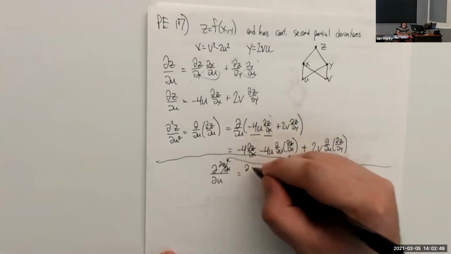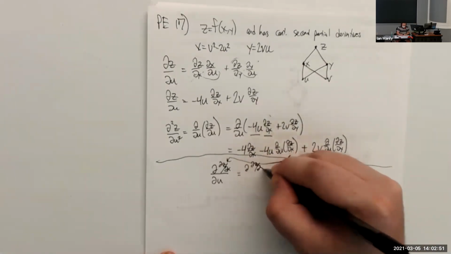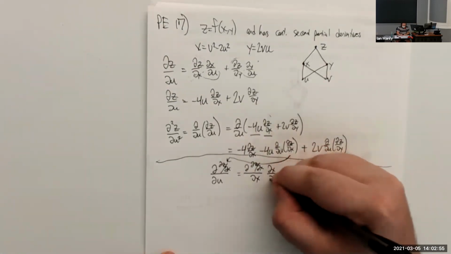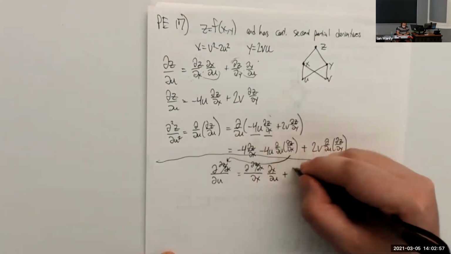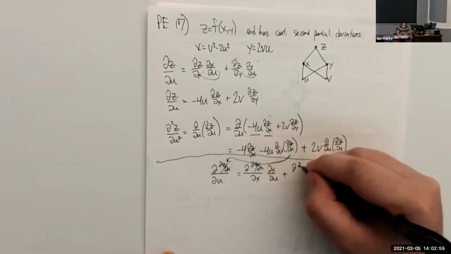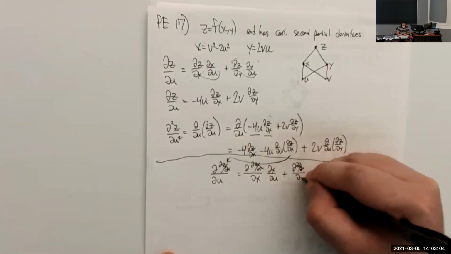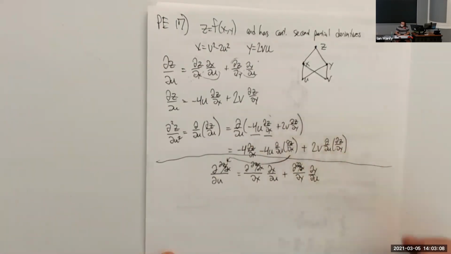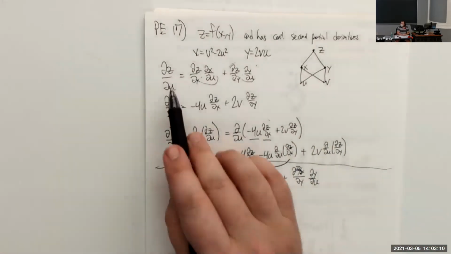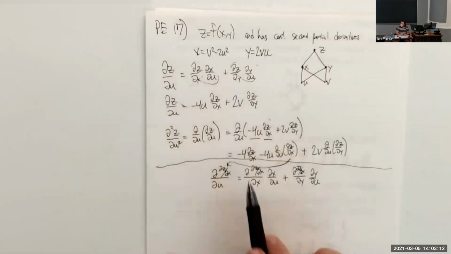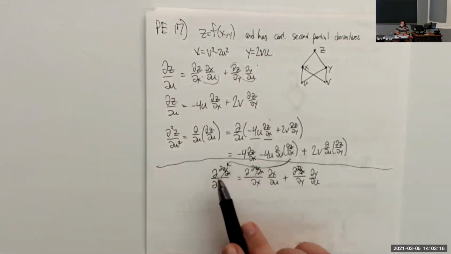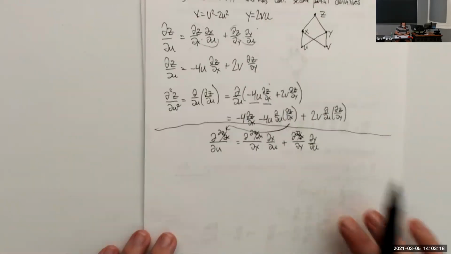So this is going to be partial z partial x, and then we have partial x partial u, and then we have partial z partial x partial y, and partial y partial u. So effectively what I did was I just reused the chain rule up here, only I replaced the z with partial z partial x. That's all I did differently here.